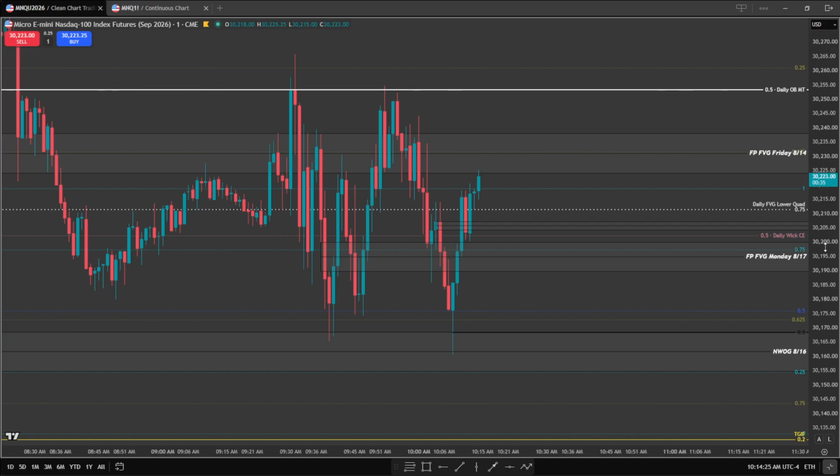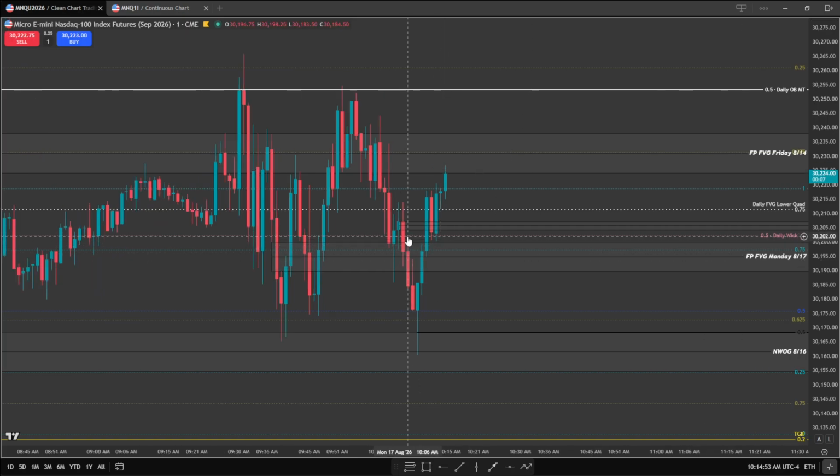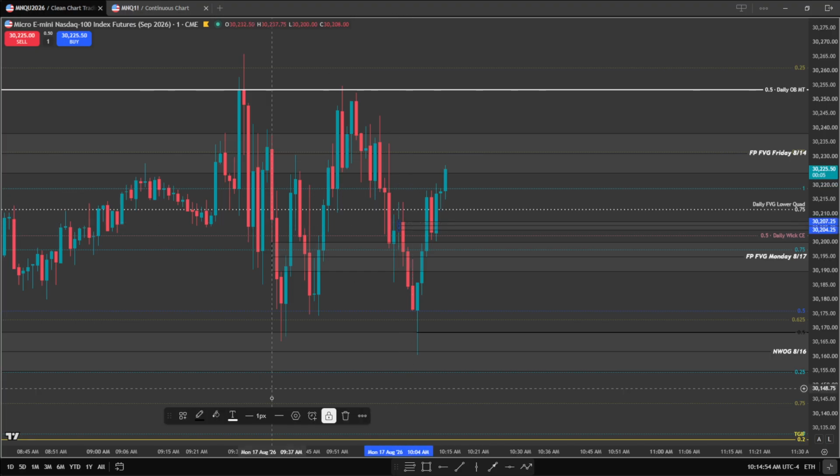It's annoying. Just one tick off from that fill. If I traded more than one contract, I mentioned this potential breaker here, and I only use the body.